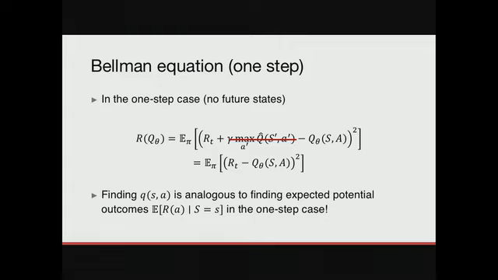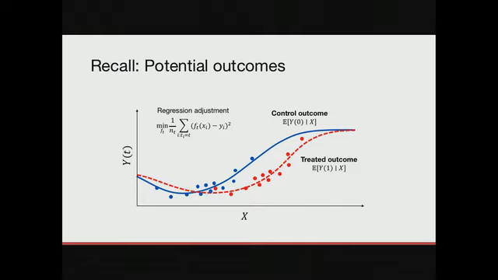So, as I've said before, if we have a single time point in our process, the problem reduces to estimating potential outcomes, just as the way we saw it last time. We have curves that correspond to the outcomes under different actions, and we can do regression adjustment trying to find an F such that this quantity is small, so that we can model each different potential outcome.